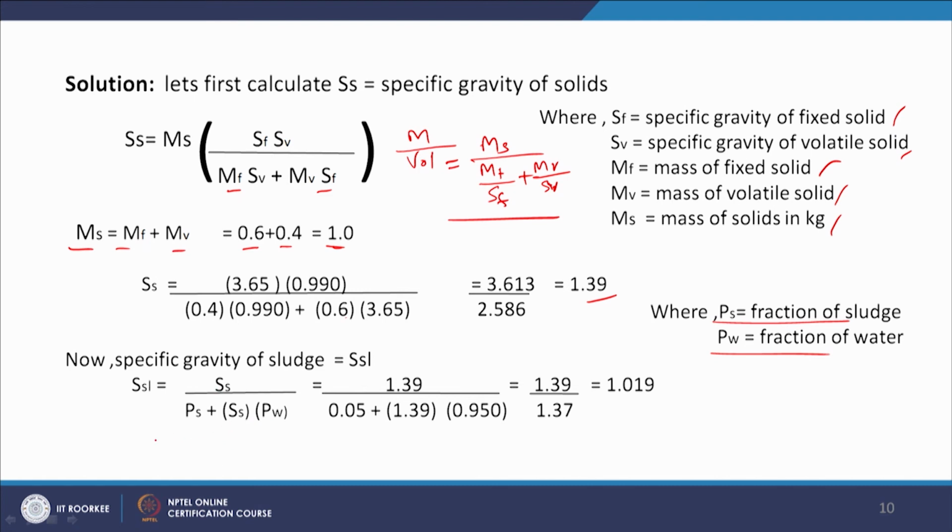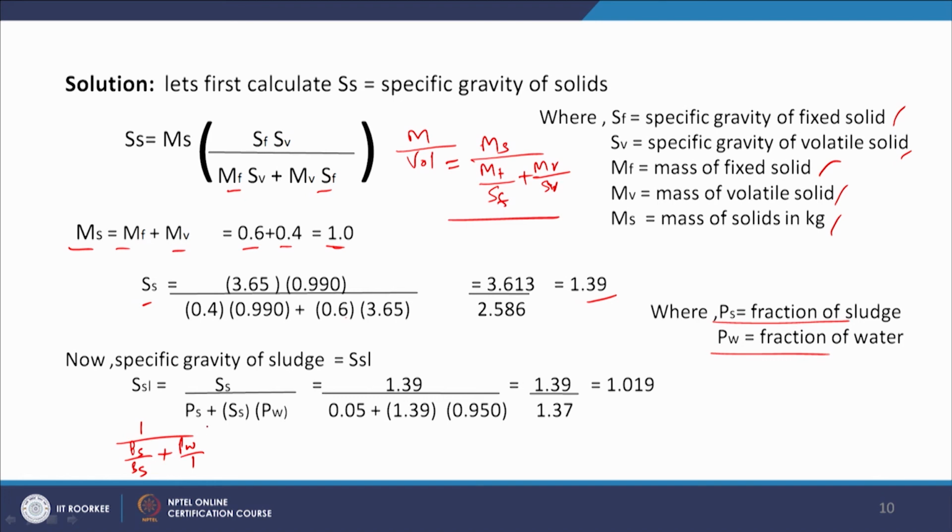Again, if you write 1 divided by rho_s by S_s plus rho_w by 1, then 1 unit of mass of the slurry, that is the sludge, is equal to 1 divided by the fraction of sludge, that is the solid fraction, rho_s divided by S_s, that is solid, and the remaining water, rho_w, the fraction of water, divided by the density of water, 1. So, again the same formula which we have discussed in our previous problem also and this problem also.